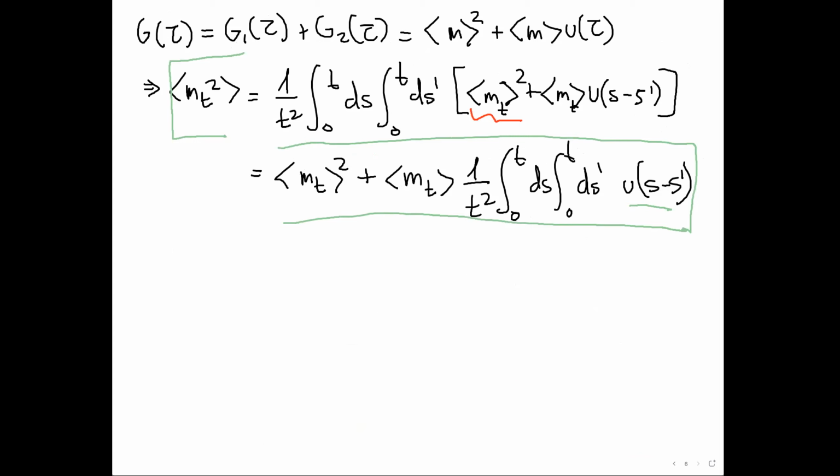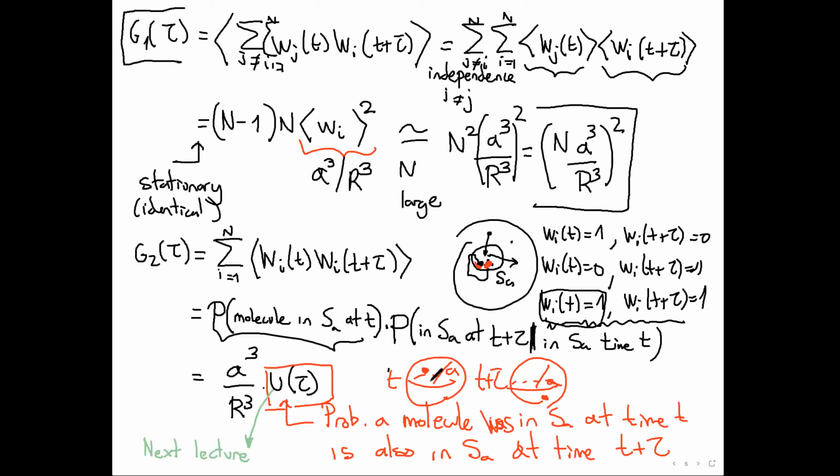You can also go through the paper and look, but it is not so simple. I want to keep it here in such a way that in the next class, I will start with this problem, which is calculating the probability for a particle to be in a sphere at time t and also to be in the sphere at a later time.